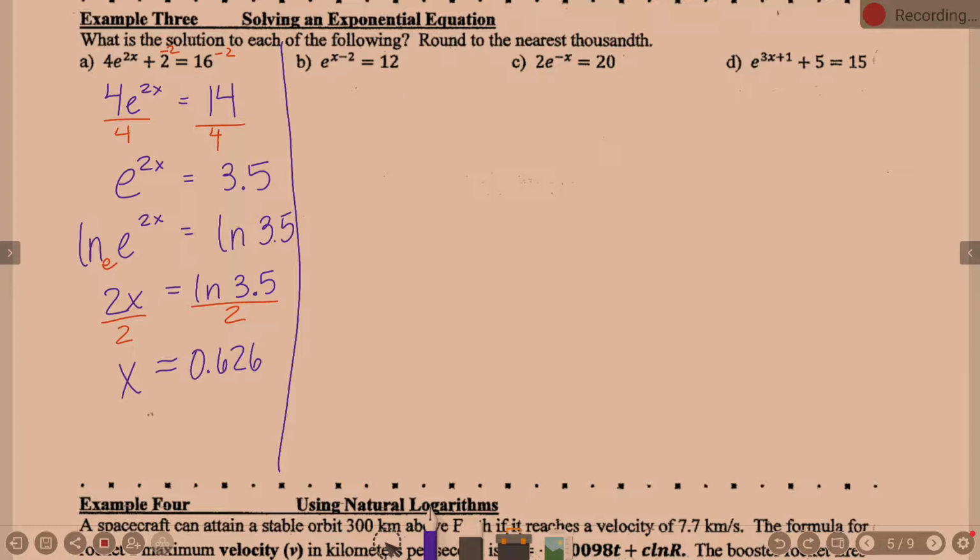Okay, so B is my power by itself, or my term with my exponent. So in this case, I have e to the x minus 2. Is it by itself? It is. So what do I do once I have that power by itself?